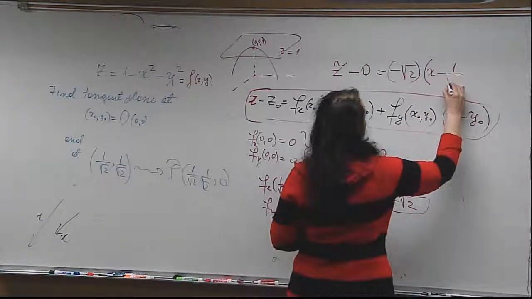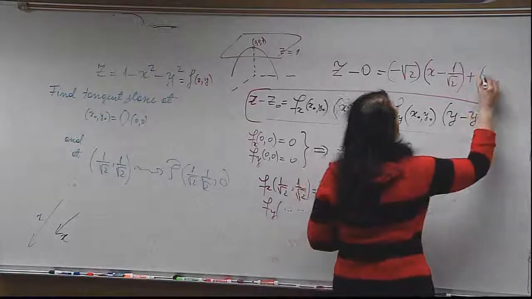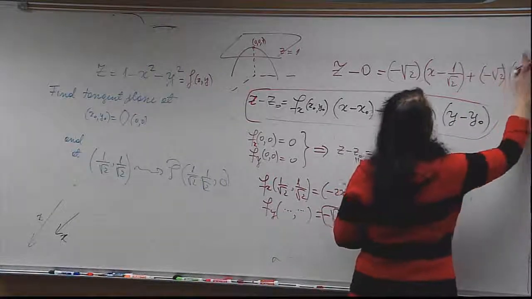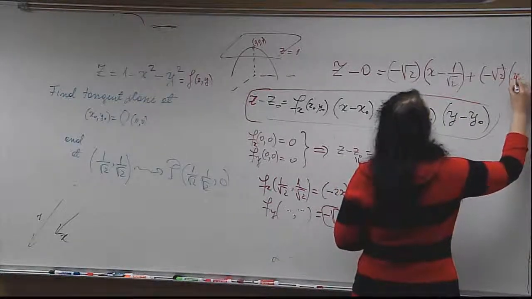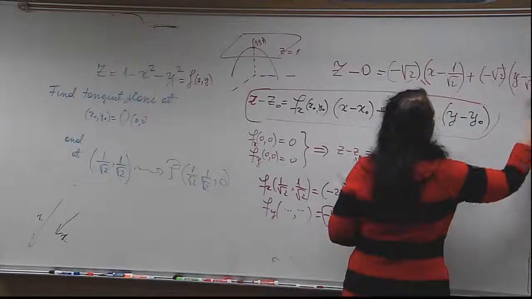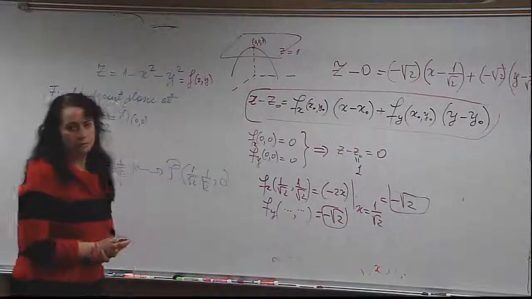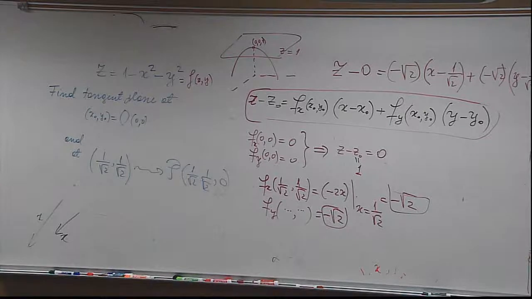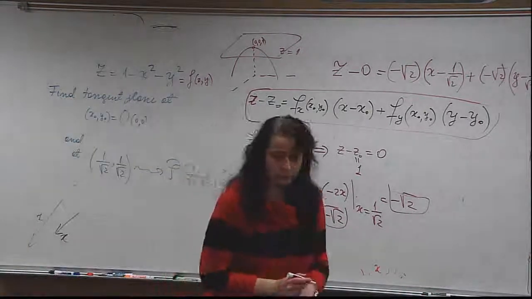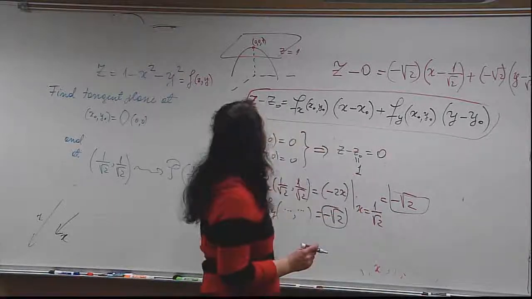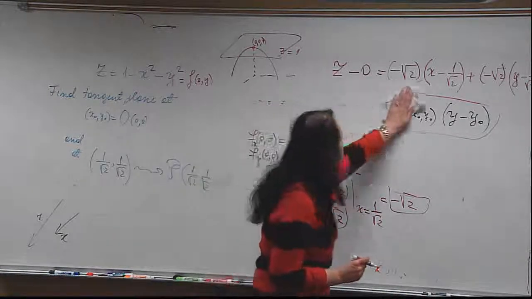What is that 1 over root 2? Plus minus root 2 times y minus 1 over root 2. Is it elegant? Nope, it's not elegant at all. So as the last row for today, one final line, can we make it look more elegant?